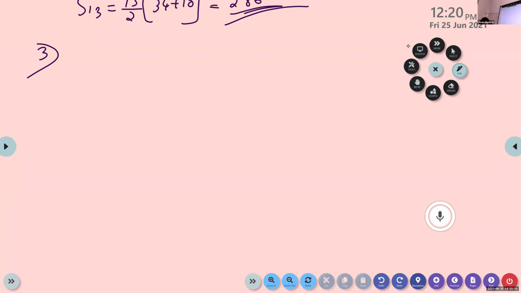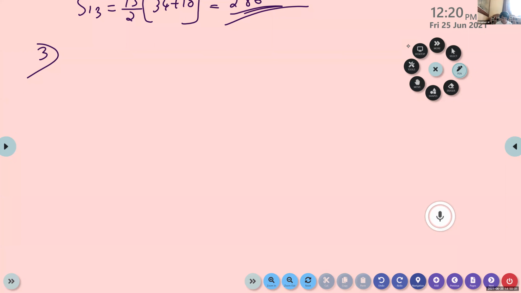Now, third question. How much is it? What is the n of the third one? n? 1 minute. n? How much? n equal to 76. Yes, that is it. And have you got the Sn also? Sn, how much did you get?